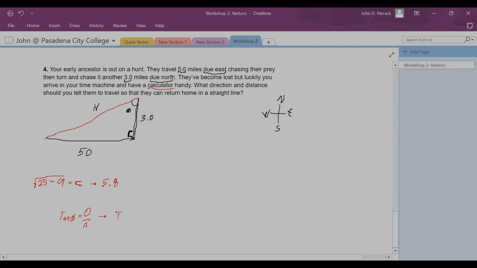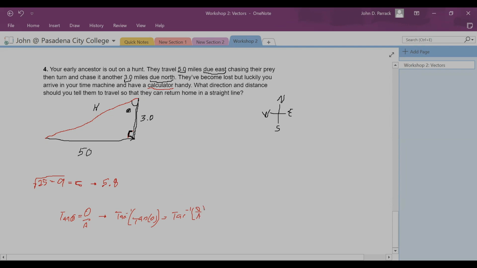Well, the tangent inverse, we'll call this handy trick. The tangent inverse of the tangent of theta is equal to, we take the tangent inverse of both sides, the tangent inverse of O over A.